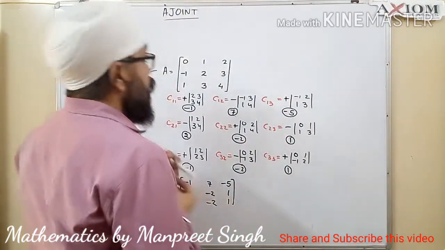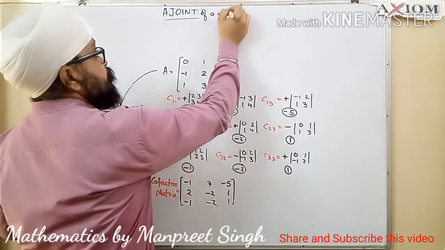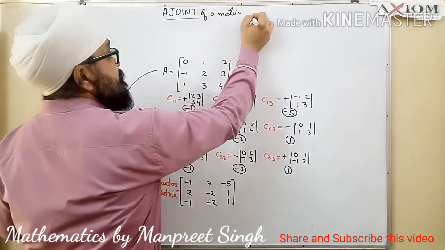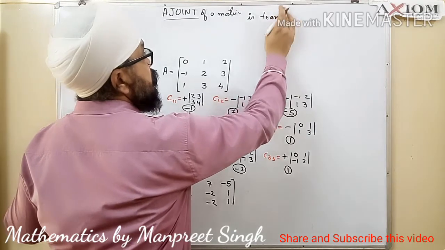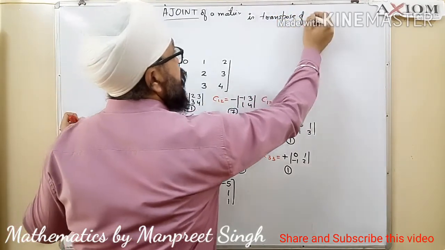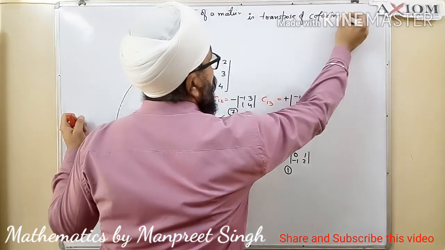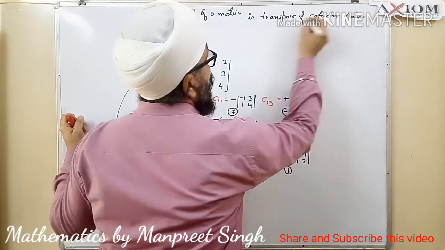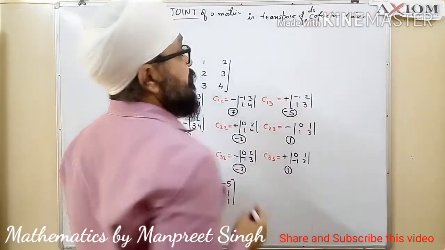Adjoint of a matrix is transpose of its cofactor matrix.